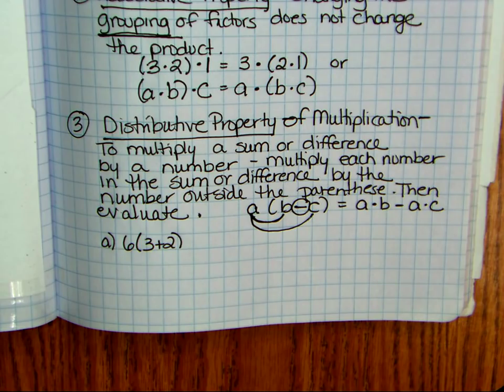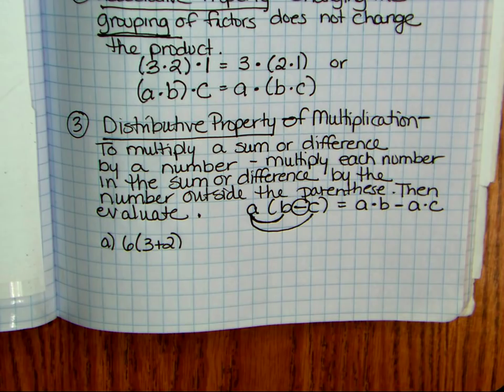What's 3 plus 2? 5. And then multiply it times the outside of parentheses. 5 times 6 is what? 30. So I could solve it. This is an easy problem, and I'm telling you, we are learning this because it's not always going to be this easy. Sometimes we're going to have variables in here, and we're going to be doing more difficult things. But you have to learn it with the easy way first so that you can build up to the hard way, okay? So let's just do this, and I'll show you how to apply the distributive property to it.